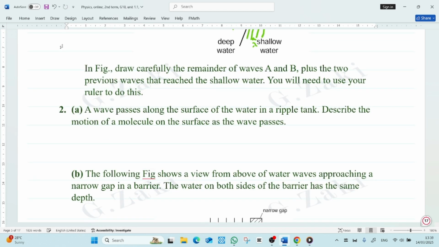Next question, question number 2. A wave passes along the surface of water in a ripple tank. Describe the motion of molecules.